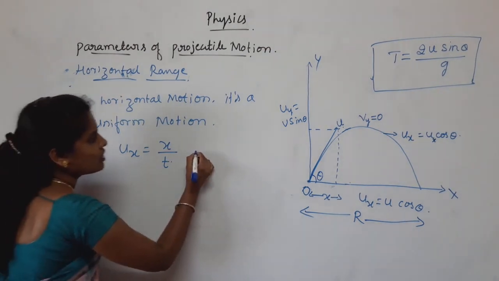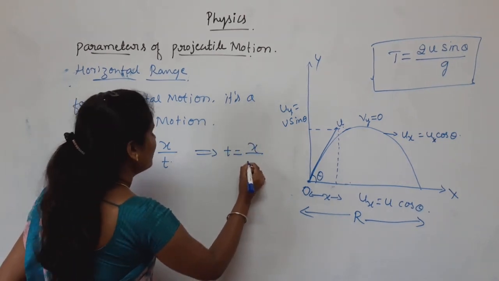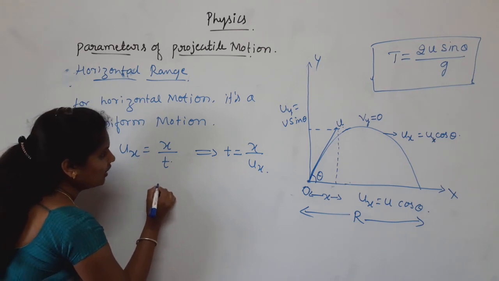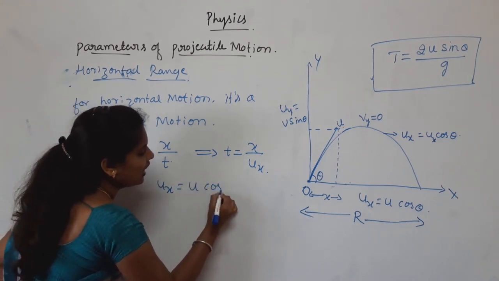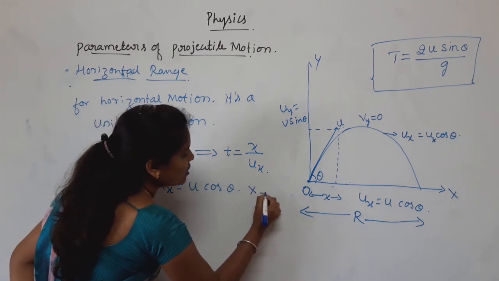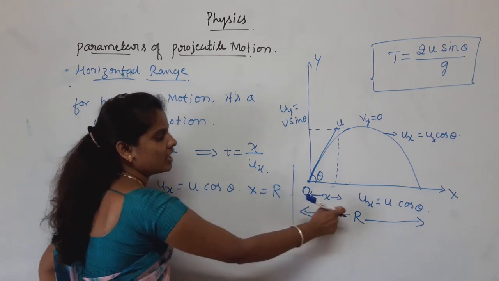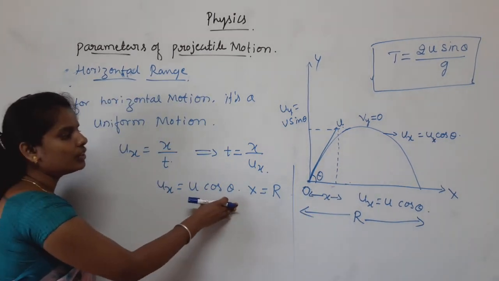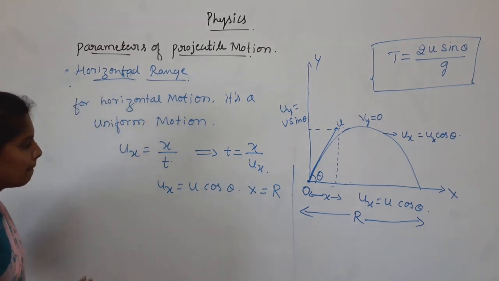Here t equals x divided by Ux. Here Ux equals U cos theta and x equals capital R. This is the range, x equals R. So now substitute these two terms into this equation.